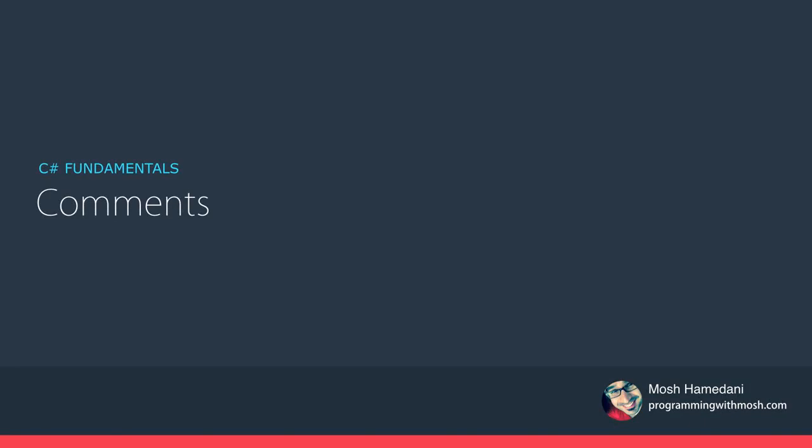Okay, so we got to comments. A comment is text that we put in our code to improve its readability and maintainability. In C#, we have two ways to write comments.